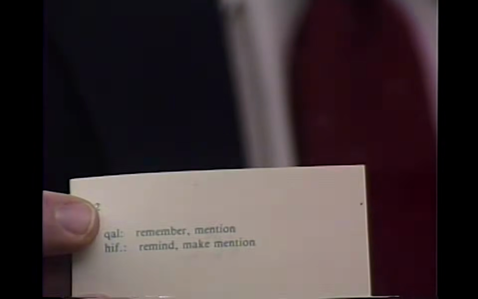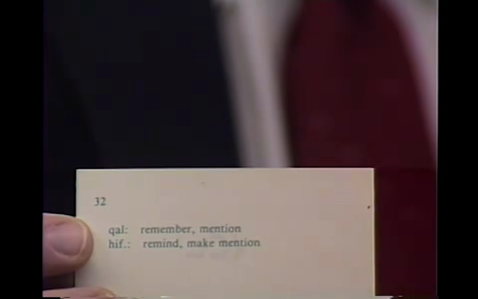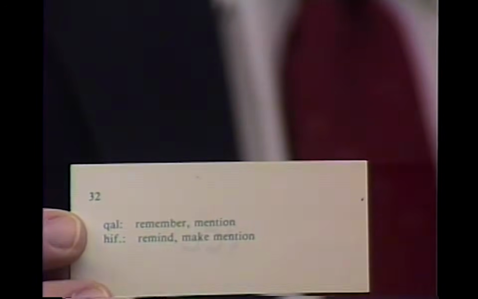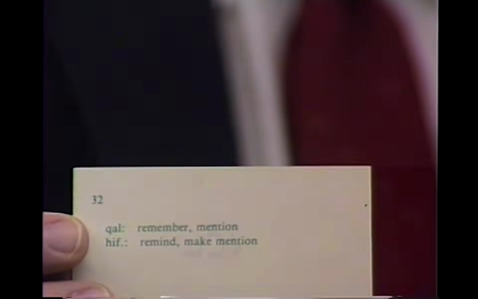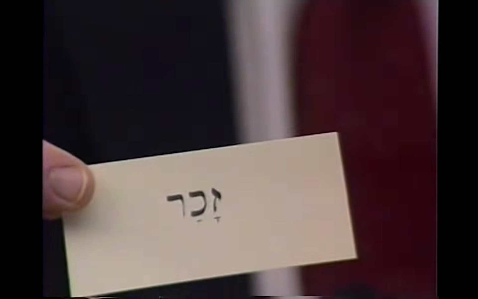And right on the other side, in the Qal perfect, remember or mention. And in the Hifil, which is one of the seven binyanim, to remind or to make mention. Those are professionally produced cards that already have the answers for you, and they're also keyed with the number 32 right there for you. So this would be something helpful for you to use.